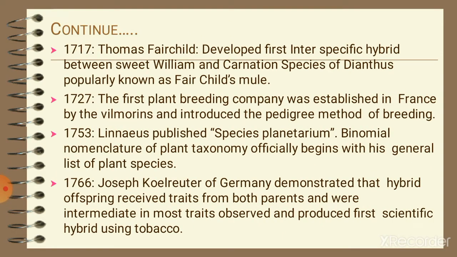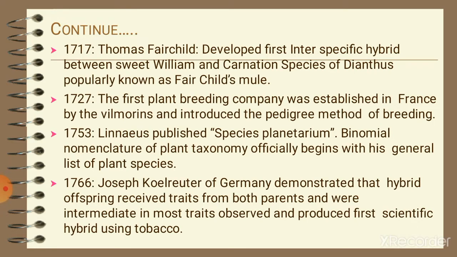Next, in 1717, Thomas Fairchild developed the first interspecific hybrid between Sweet William and carnation species of Dianthus, which is popularly known as Fairchild's mule. In 1727, the first plant breeding company was established in France by the Vilmorins, who introduced the pedigree method of breeding. In 1753, Linnaeus published Species Plantarum.